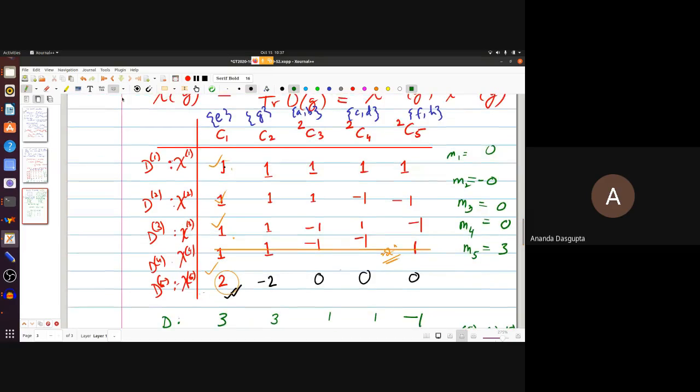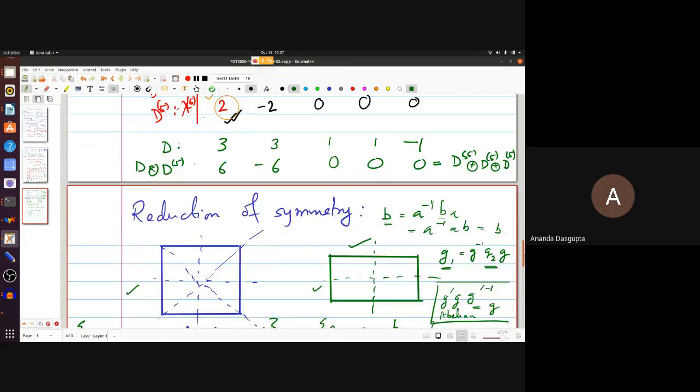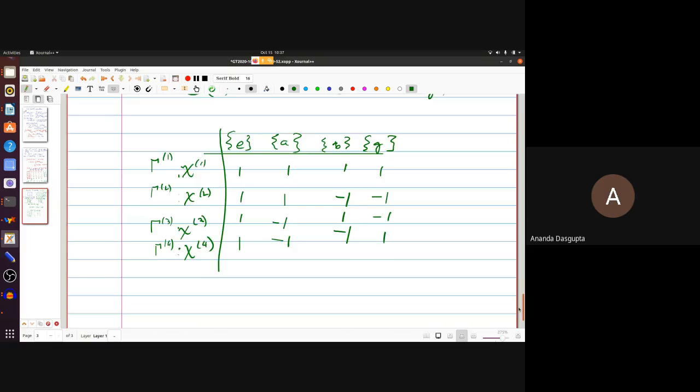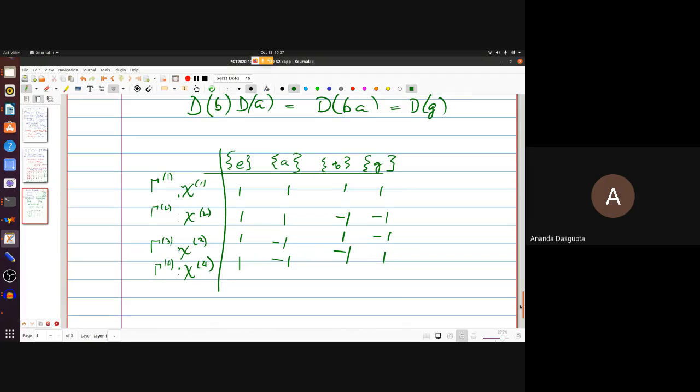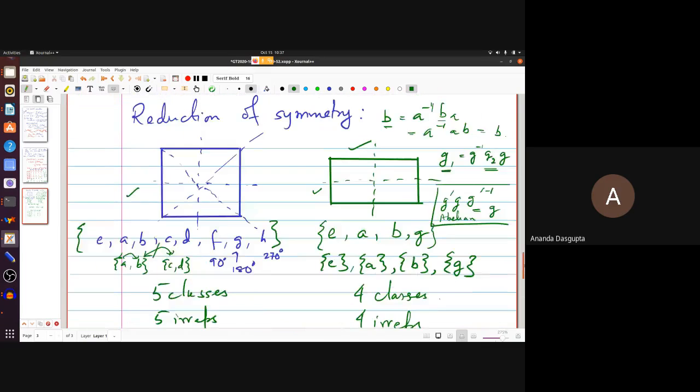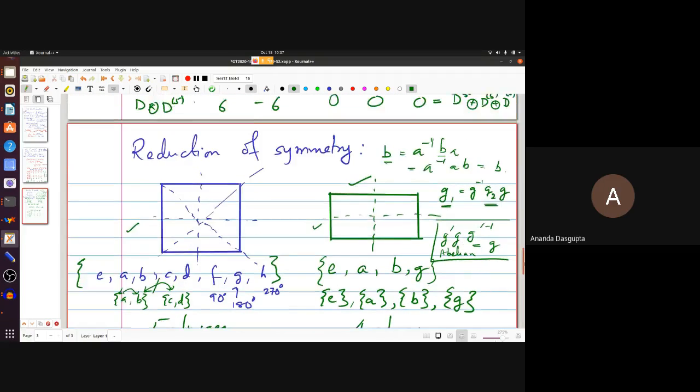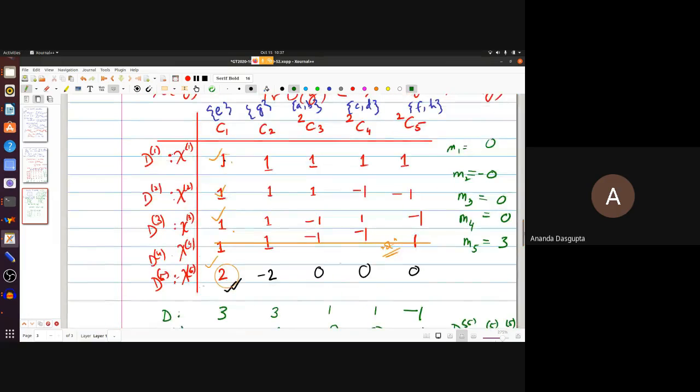But among the 5 here in this table, I know among D1, D2, D3, D4, D5, the first 4 have to give you irreps for this. There's no choice. And the last one has to be a reducible representation. Again, no choice. But the question I have for you is just this. If you take this one, for example, E has character 1, G has character 1, AB has characters 1 each.